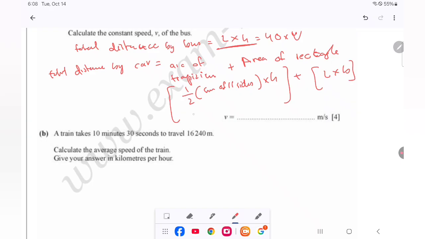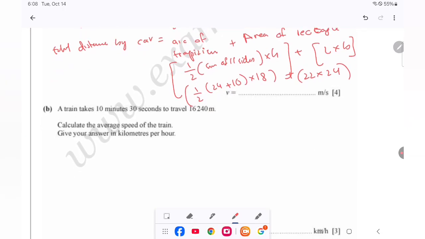Solve it further. Half of 24 plus 10 into 18, which is our height, plus 22 with 24, 24.